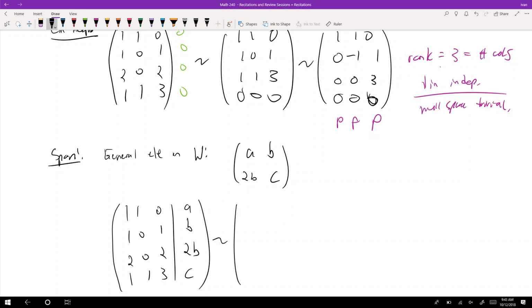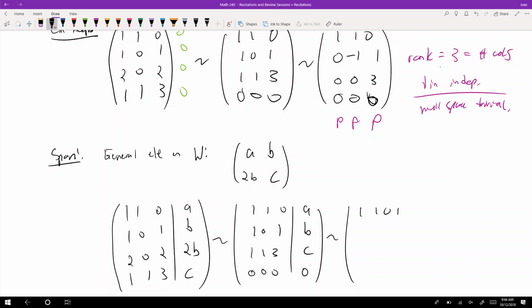Row reduce, 1, 1, 0. This is A. We'll leave that there. Row 3 gets killed by row 2, like all of it. And then we'll move it to the bottom. 1, 1, 3, C. And then we'll reduce again.